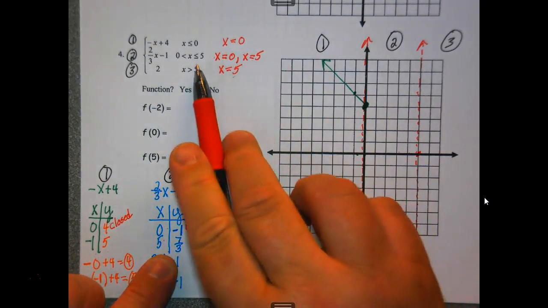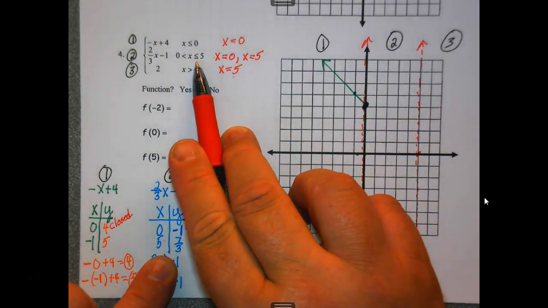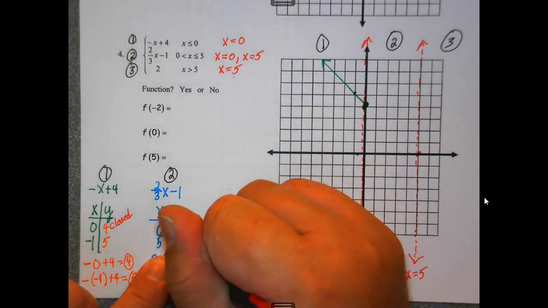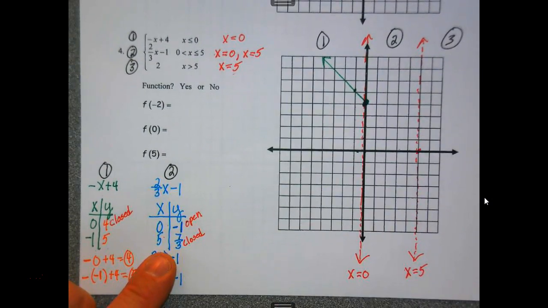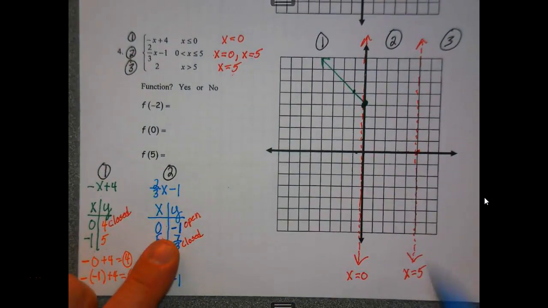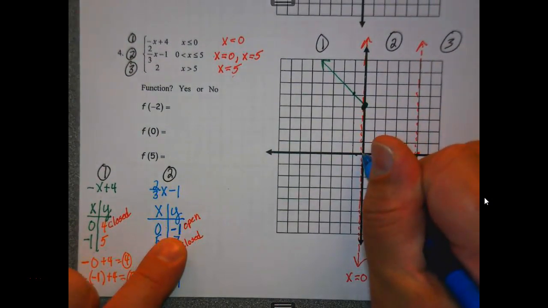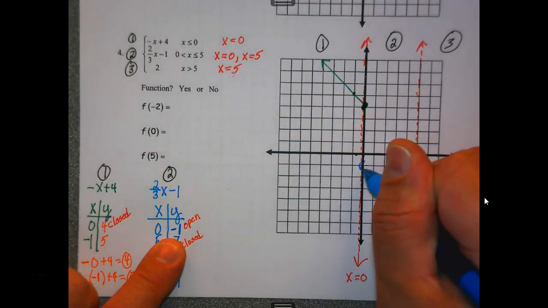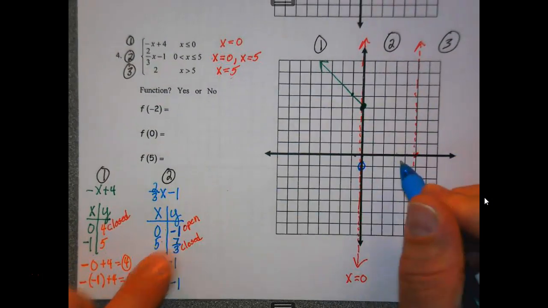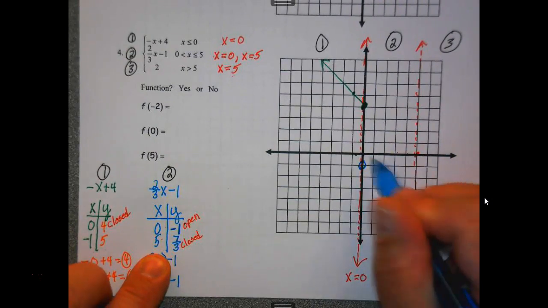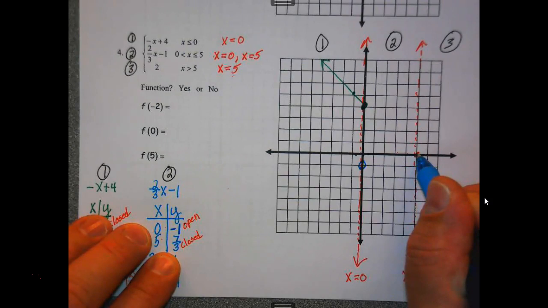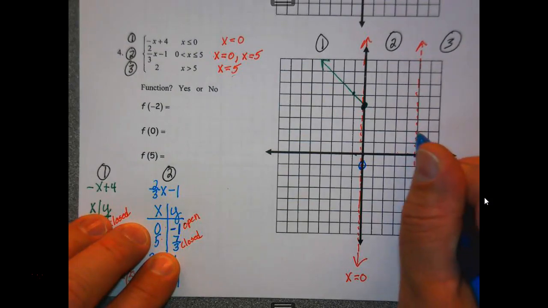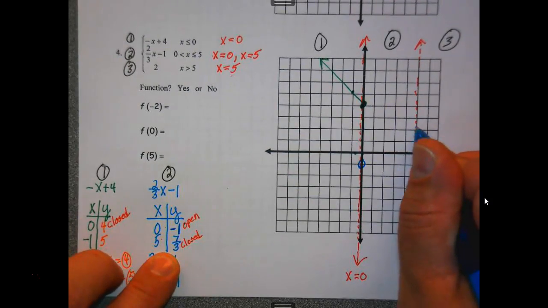At 5, I do have an equal sign, so this one's going to be a closed circle. So 0, -1, open circle. 5, and up 7/3, which is about 2 1/3, a closed circle.